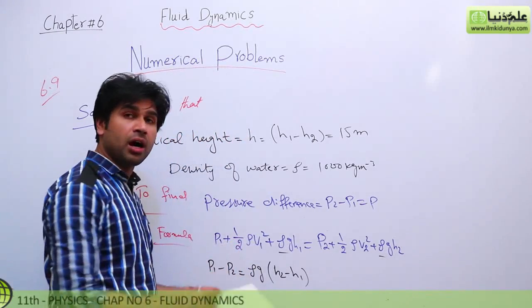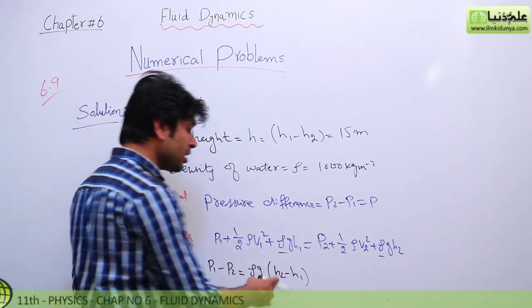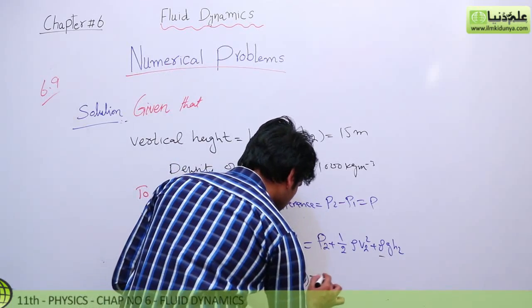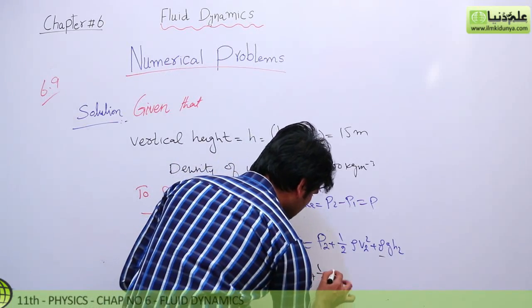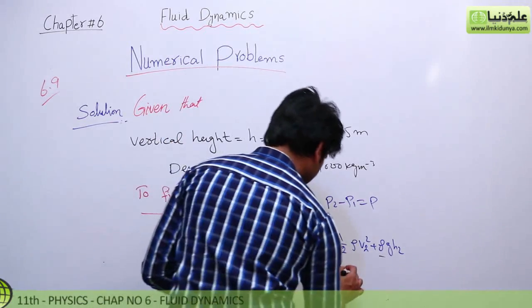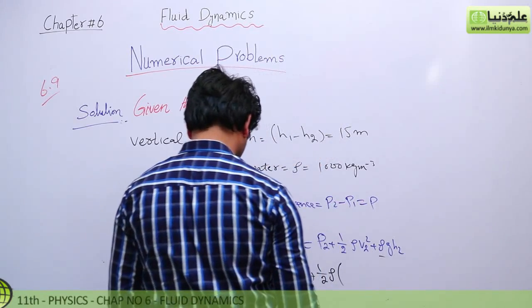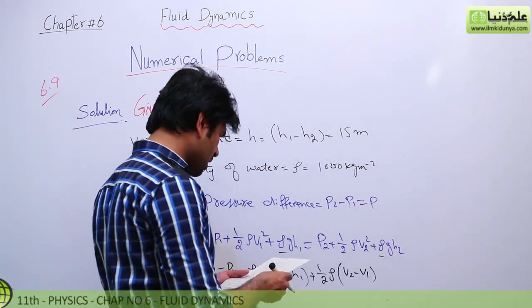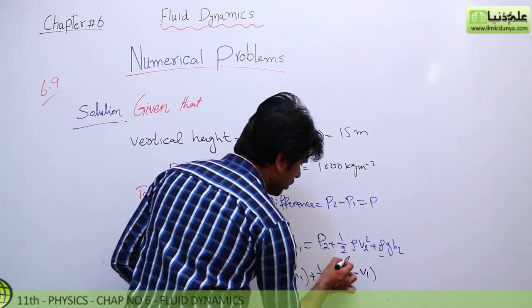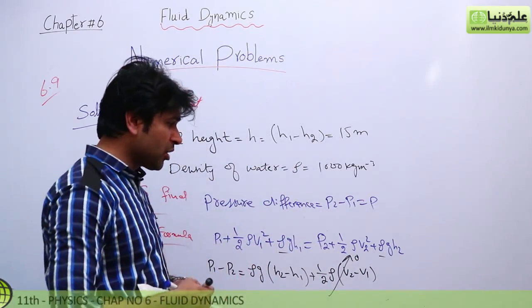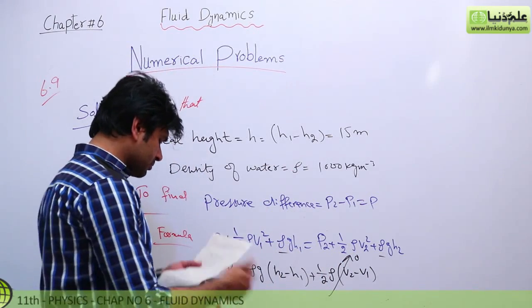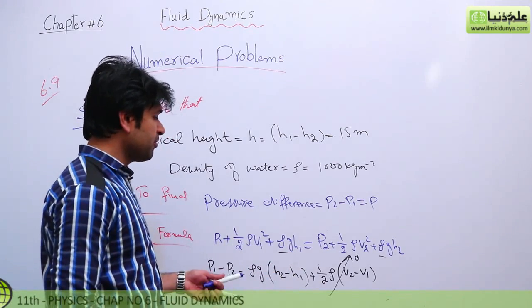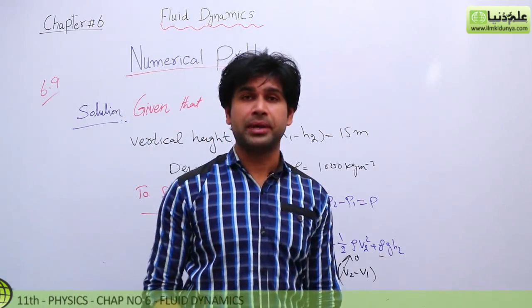When we take the quantity half rho V1 square to the other side, it becomes negative, and half rho is common, so it becomes half rho times V2 minus V1. Now students, we will take this quantity as 0. Why? Because the speed of the stream which is conveying to the mains is the same.